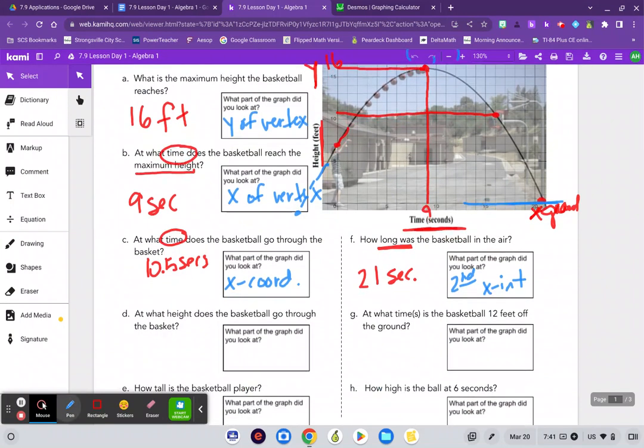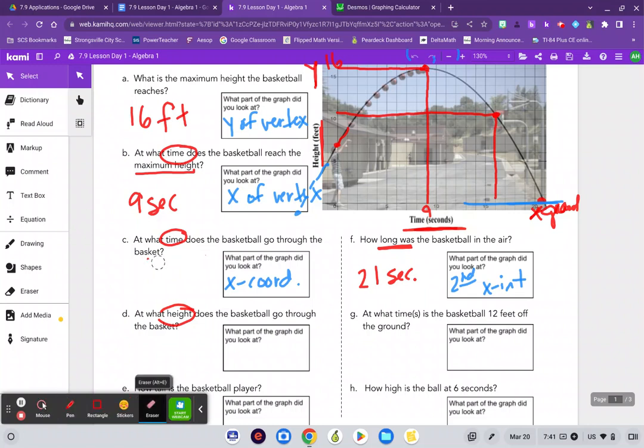D says, at what height does the basketball go through the basket? Height is a y value. C says, at what time does the basketball go through the basket? We said that was this point here. And at about what height? I'm sorry. Let's see. Oh, it looks like I switched this around. My apologies.